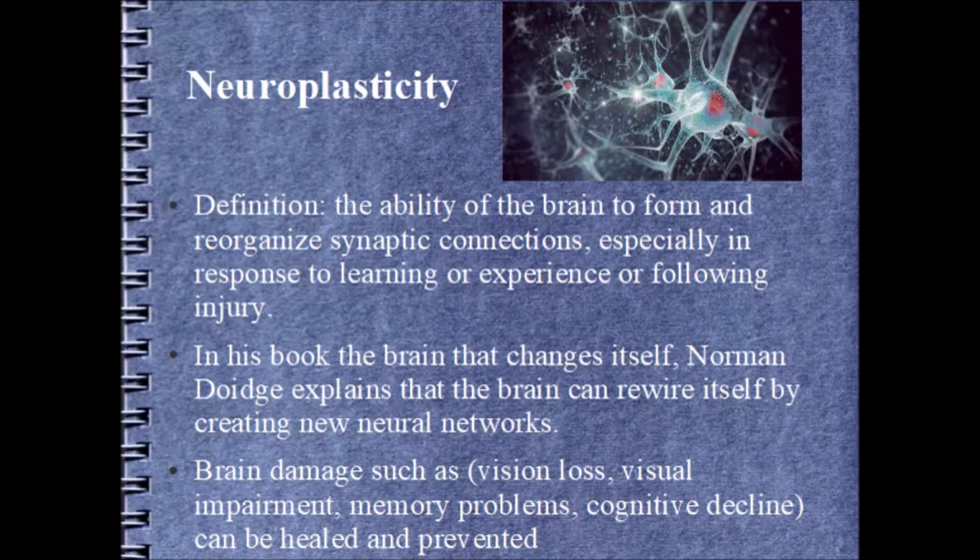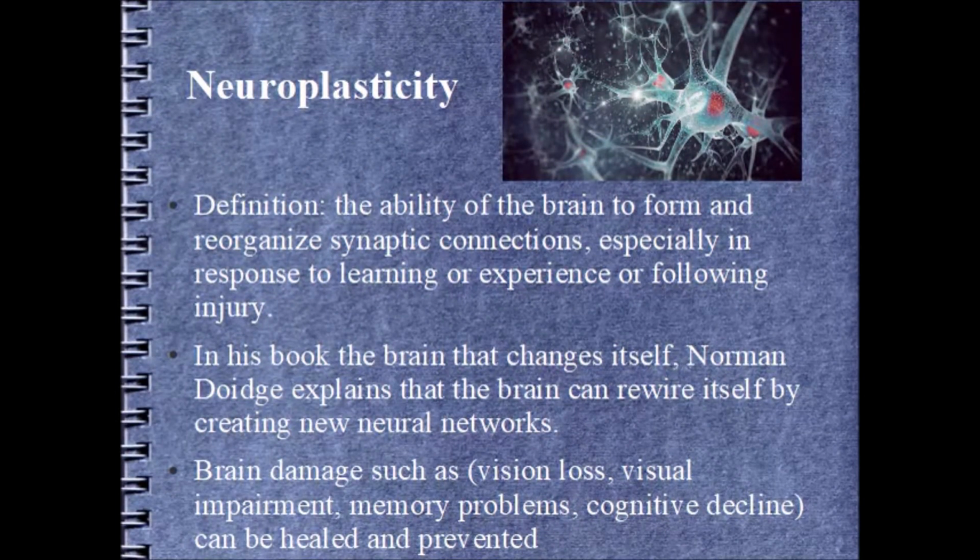Here we have a phenomenon known as neuroplasticity. The definition of neuroplasticity is the ability of the brain to form and reorganize synaptic connections, especially in response to learning or experience or following an injury. So basically, when you have brain damage, your brain will use neuroplasticity to rebuild itself, reorganize itself, and create new motor neurons so that you don't have brain damage anymore.